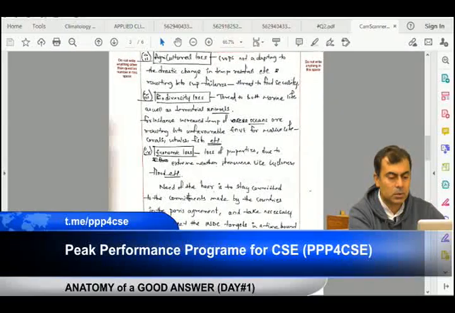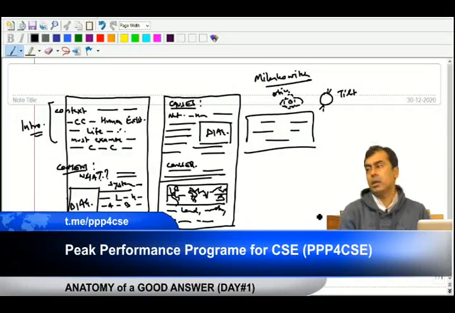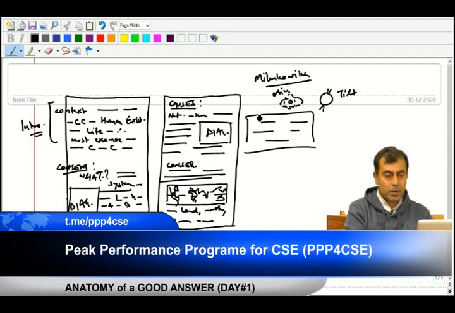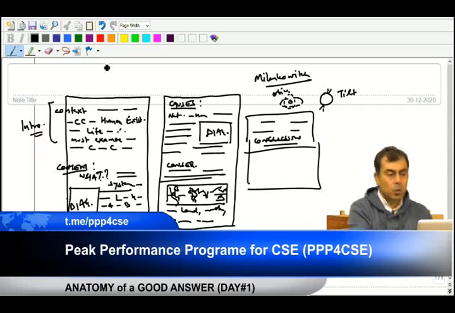However, I would still want an answer which would look like this. I hope you got a structure on this one. You must have a context, you must have a body, and somewhere you must, in the conclusion part, give us a way forward.